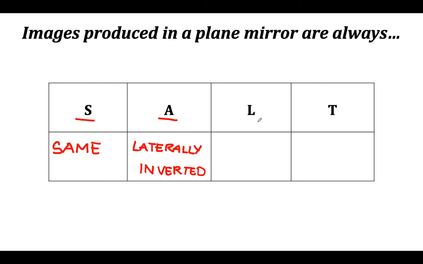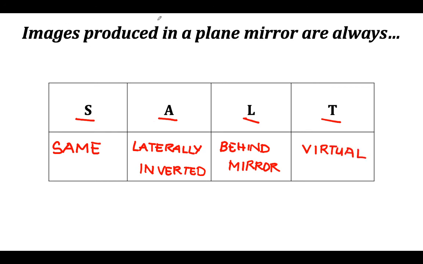For location, all we're going to say here is that it is behind the mirror. And type, as we mentioned earlier, the lines or the light rays are not actually meeting anywhere to form that image. We are making that interpretation in our brains. That is why this is what we call a virtual image.